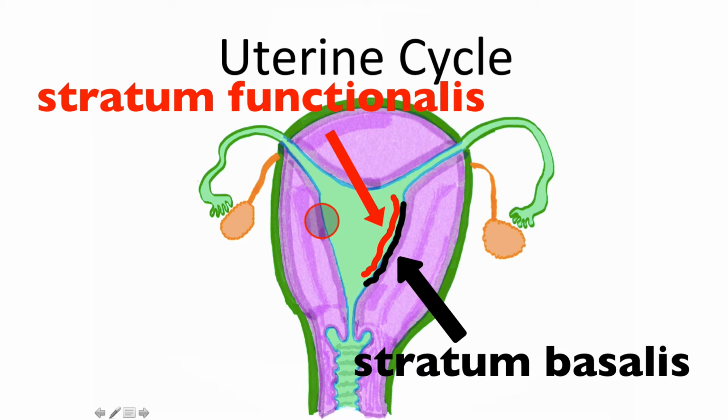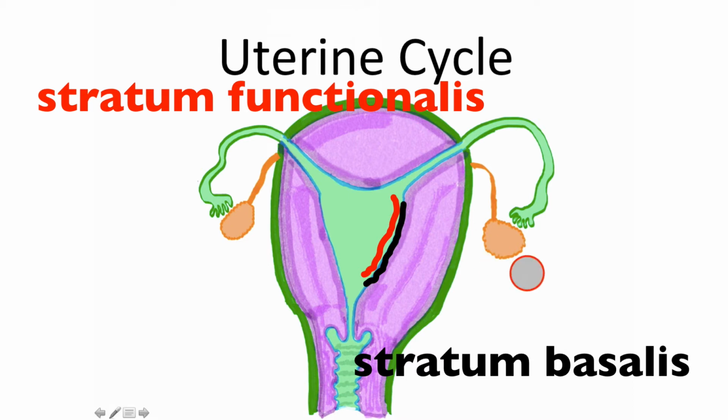And this would apply to all of this blue region right here, not necessarily up here in the fallopian tubes, but lining the womb, if you will, is the endometrium that's made up of this outer line, which is the stratum basalis, and the innermost line, which is the stratum functionalis. The stratum functionalis is what sheds off every 28 days.